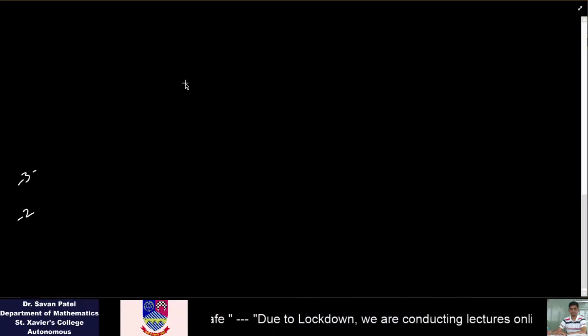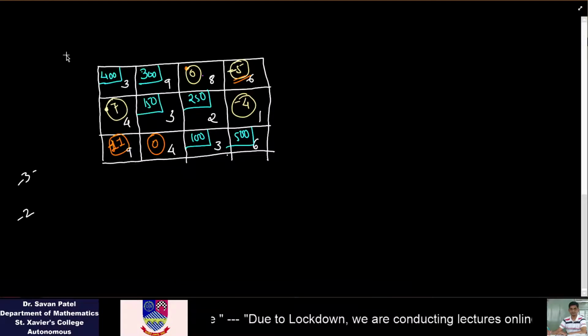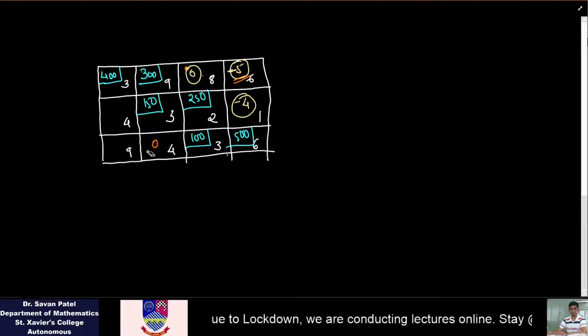So here is the table. I am temporarily removing this. You can recollect that we have reached the direct solution.